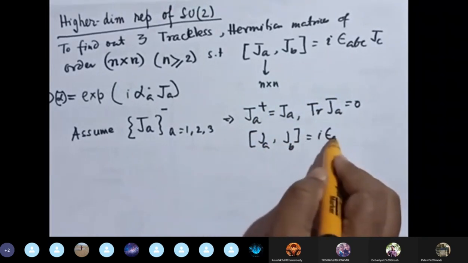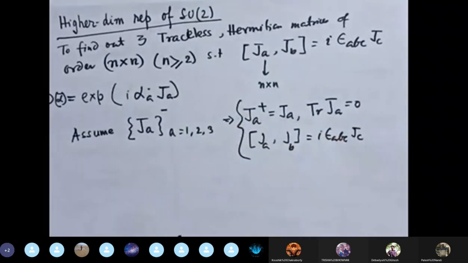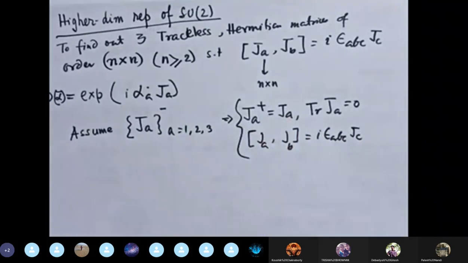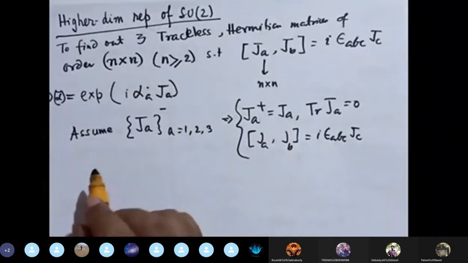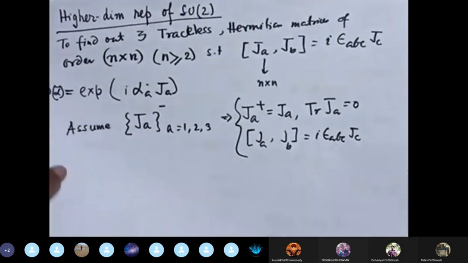We assume this, and let's see with this assumption if we can find some matrix. Then in the reverse way we can say those matrices will satisfy these conditions. Clear? The setup is clear? Yes, sir.